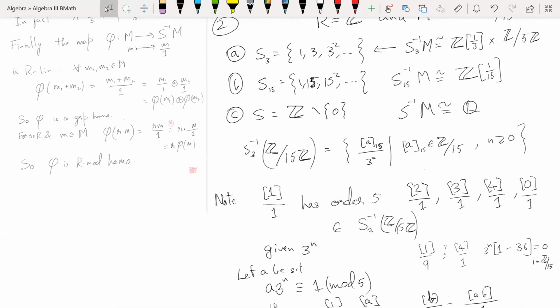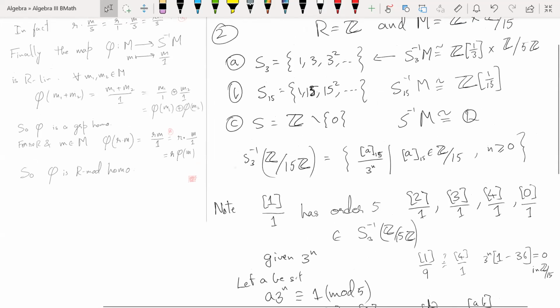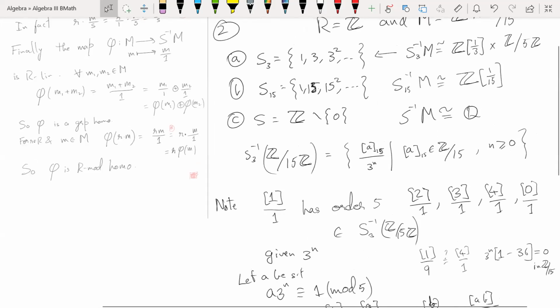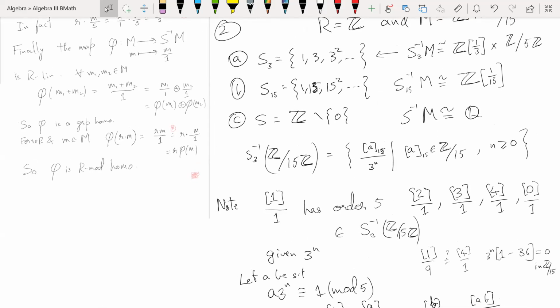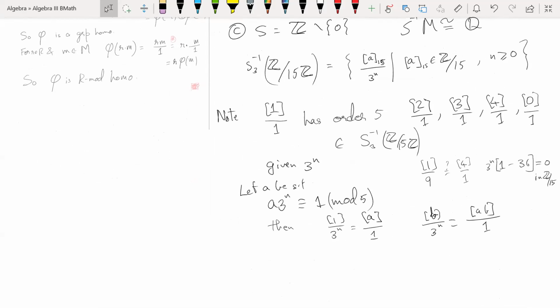So you can see that what you get is Z mod 5Z. Since you have inverted 3, the way to think about it is Z mod 15Z is isomorphic to Z mod 3Z times Z mod 5Z.